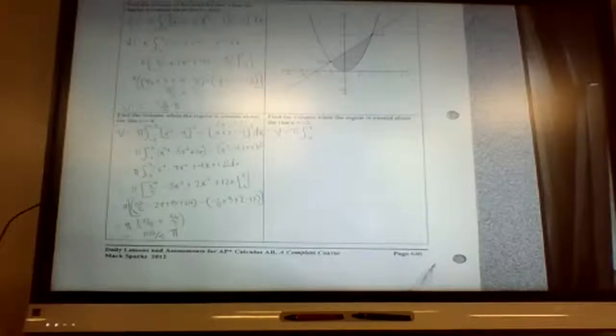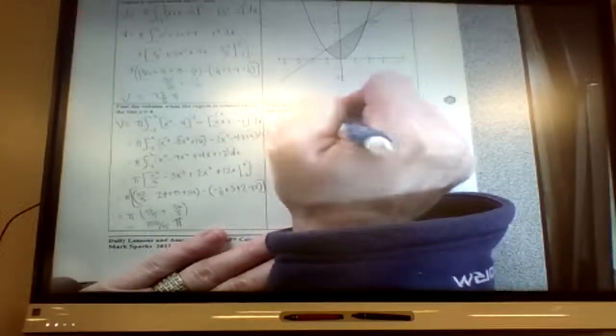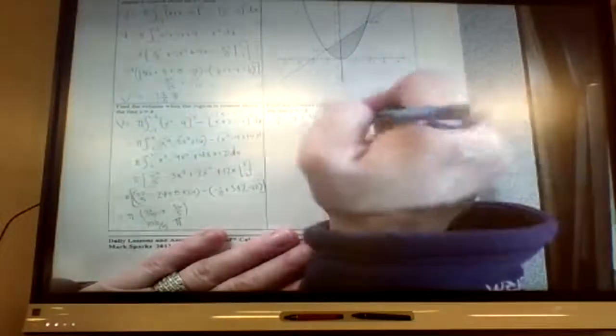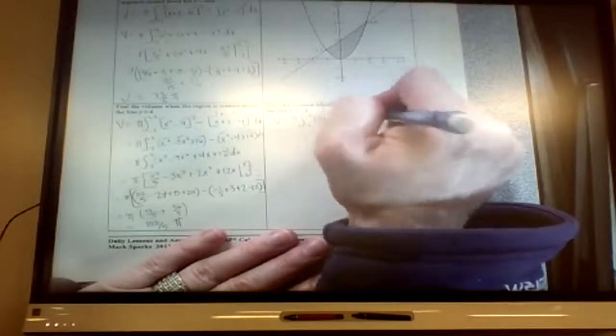Your line is going to be your outer function. So it's like x plus 2 squared, the first part, and then minus x squared plus 2 squared. I think you're going to see something about that. We're going to work through it and then talk about it. So you've got x plus 2 squared minus x squared plus 2 squared dx.